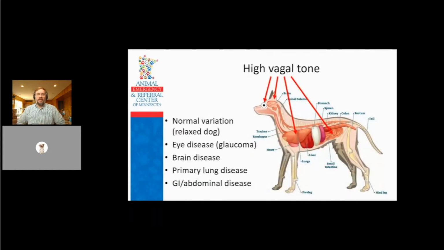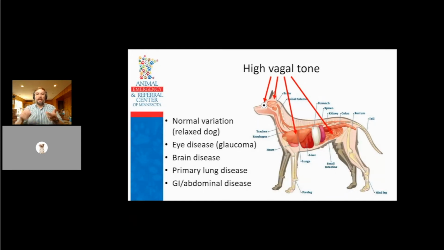So where does vagal tone normally come from? Again, it can be normal in a relaxed dog. Cats really should not have sinus arrhythmias. So if you have a cat with a respiratory sinus arrhythmia, that's going to make me a little more concerned about high vagal tone. My general categories for causes of high vagal tone are eye, brain, lung, or GI or belly.